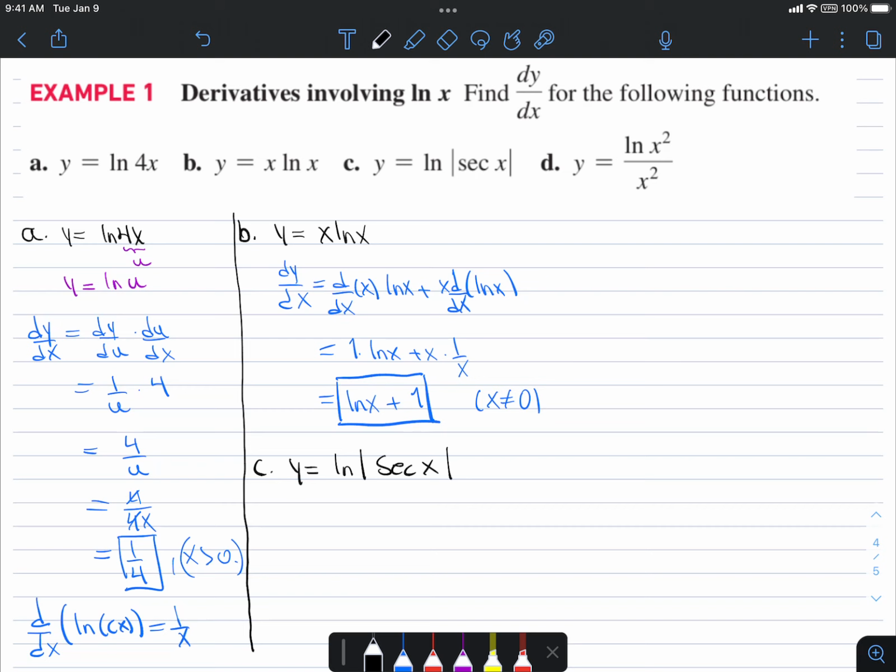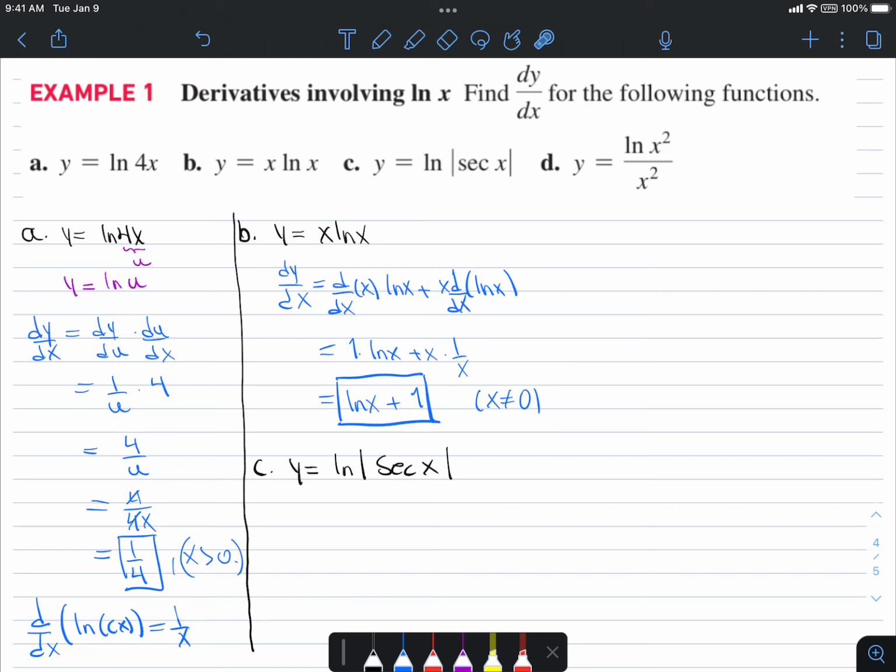Now, from the first example, whether you multiply secant by 1 or by -1, that's not going to make a difference in the derivative of the ln of secant. So this absolute value doesn't really make a difference. As long as secant is not equal to 0, we can pretend that this absolute value is not there.